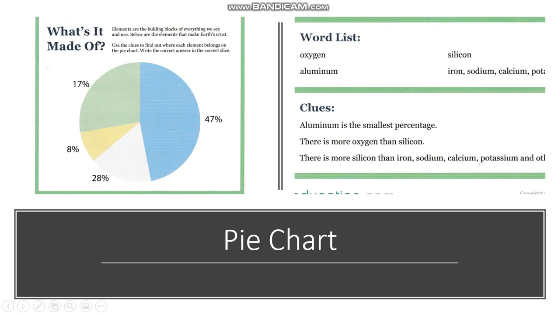It says aluminum is the smallest percentage. Well, because it's not labeled, I can still use this clue to determine which part of this pie chart is aluminum. It says it is the smallest percentage. So this section represents the aluminum element of the Earth's crust.